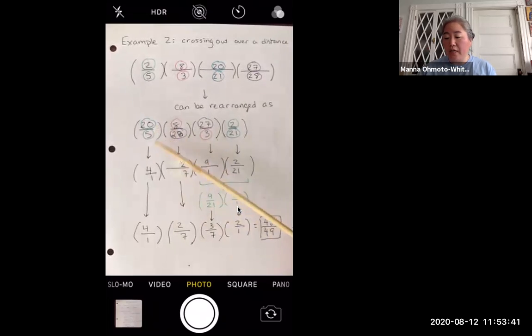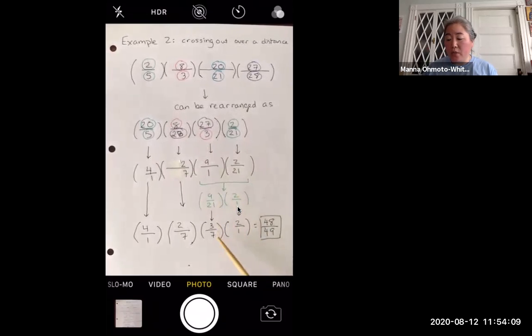So 20 over 5 reduces to 4 over 1. 8 over 28 reduces to 2 over 7 because 4 goes into both of them. 27 over 3 reduces to 9 over 1. And 2 over 21 doesn't reduce. So sometimes they don't reduce. But what I can do then is rearrange this pair right here so that it becomes 9 over 21 and 2 over 1.